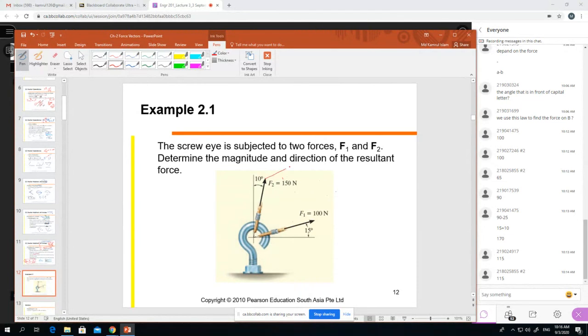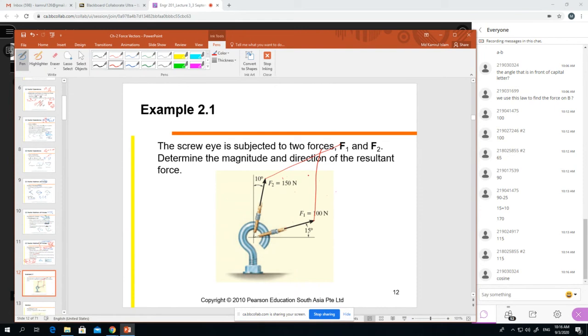Okay, so I redraw it. Someone answered cosine formula. Now you see this. What is our target? Our target is to find the magnitude of the resultant force, and we know this is R, the resultant force. Now if we consider the triangle, we know this is 115 degree.